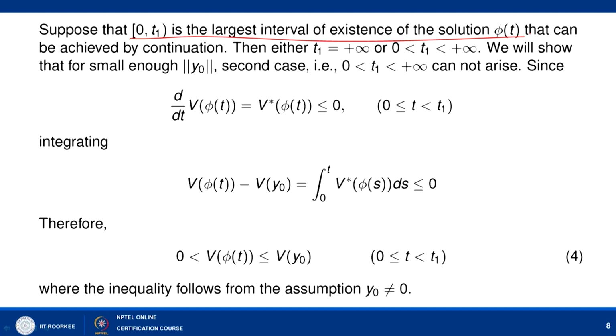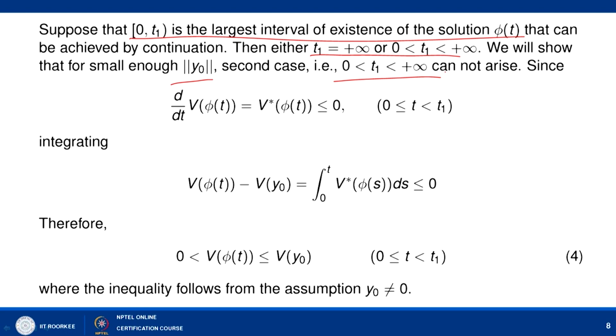Then the claim is that either t1 is equal to infinity, or t1 is less than infinity. Now, we want to show that if norm of y naught is small and t1 is less than infinity, then we get a contradiction. So, for a small enough norm of y naught, the second case, that is t1 less than infinity, is not possible.